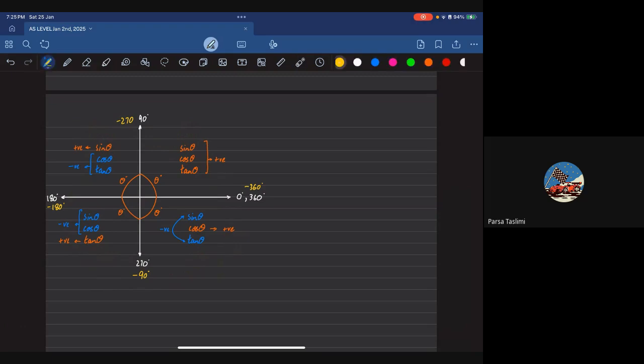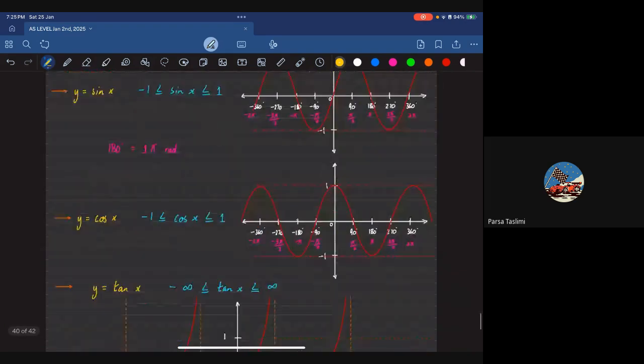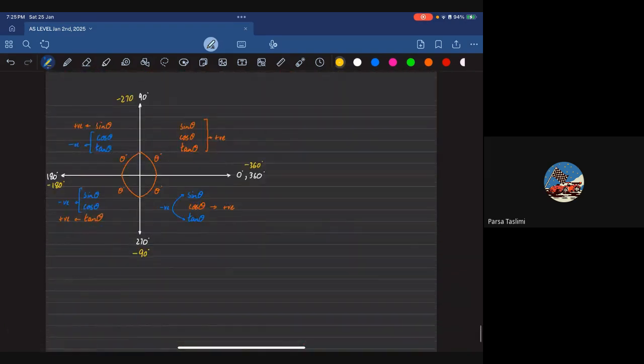Now, what happens when theta is an acute angle?